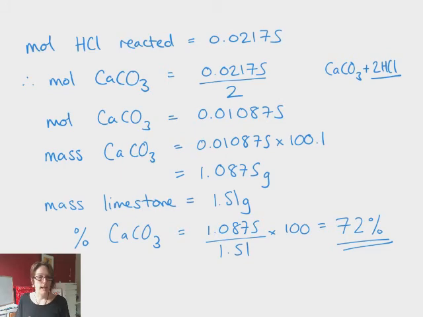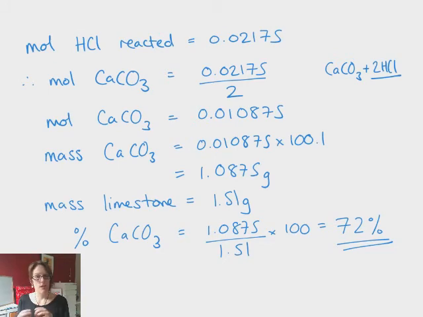So again, we would do a little bit of self-checking here. Does 72% sound reasonable? Yes, it does. Limestone is going to contain lots of calcium carbonate. It's the majority rock in things like limestone and marble. So I'm going to expect it to be a reasonably high percentage.